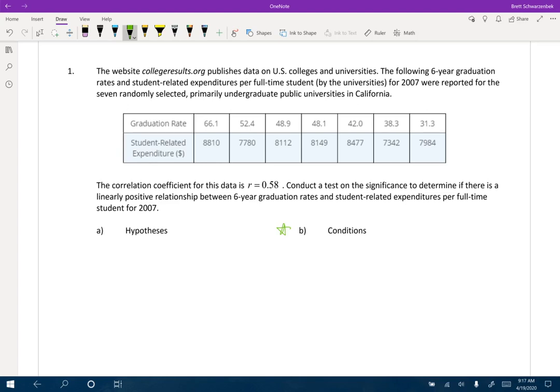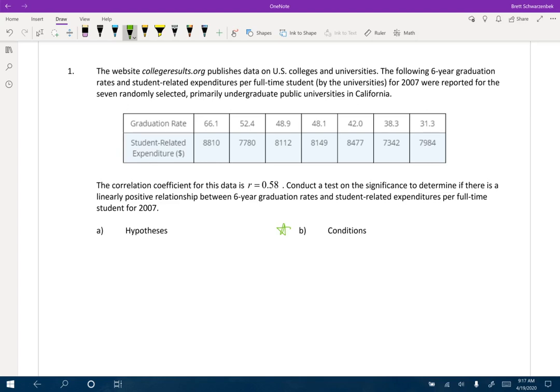All right, so what do we have basically? So we have graduation rates over a 6-year period, and then we have how much money essentially the college or university is spending on each full-time student. So it makes sense in terms of which variable is which, because that's important in the beginning of these problems, x and y. Sometimes they give it to you, sometimes they don't.